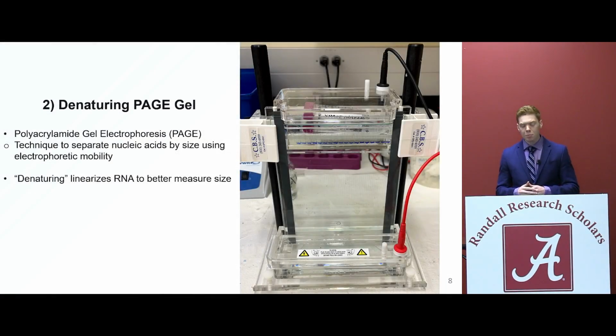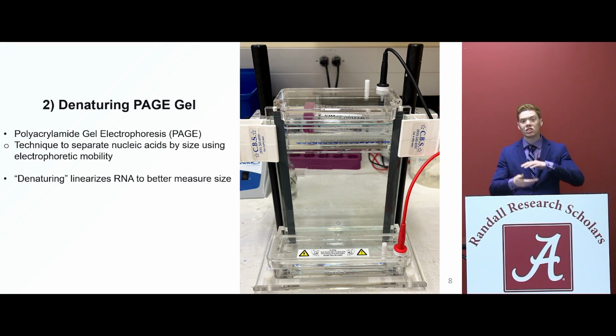The next step of this process is running these fragments on the denaturing page gel. This is polyacrylamide gel electrophoresis, which is simply a technique to separate nucleic acids based on their size using electrophoretic mobility. To do this, a charge is applied to the gel, and smaller fragments are going to migrate farther down the gel than larger fragments, which will not migrate as far.